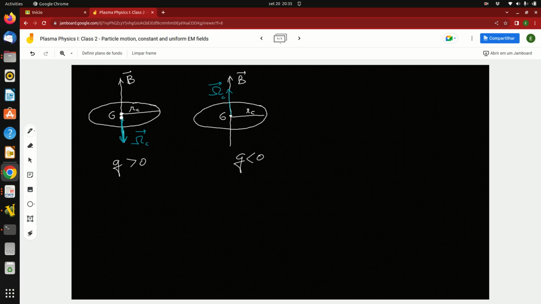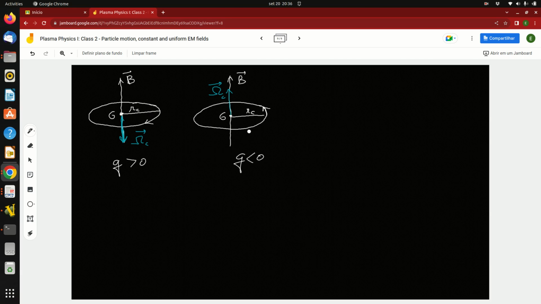If you have it in the same direction as B, then the cross product omega cross r_c would be going in that direction, so you have counterclockwise.